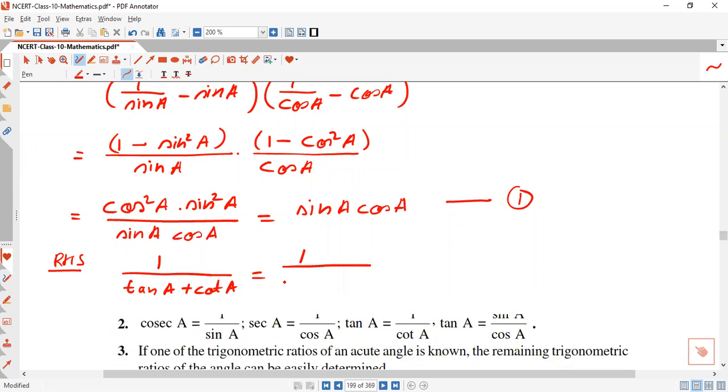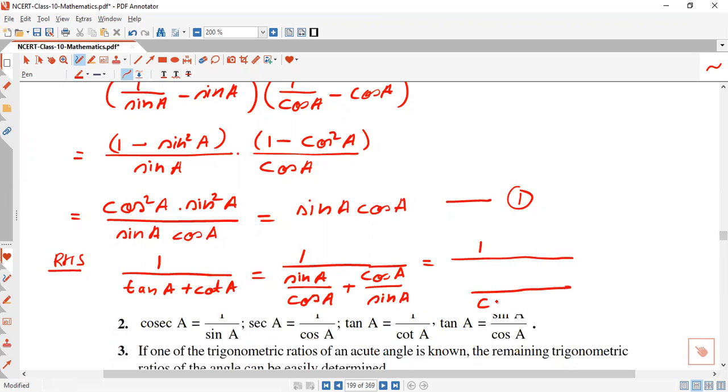So it becomes 1 upon sin A upon cos A plus cos A upon sin A. In the denominator, we take cos A sin A as LCM, so we get sin square A plus cos square A. This will be equal to what?